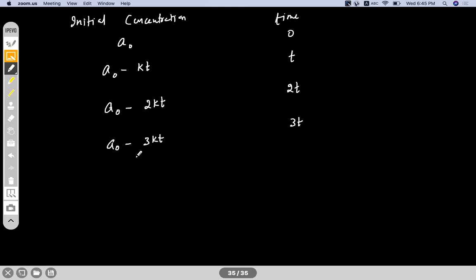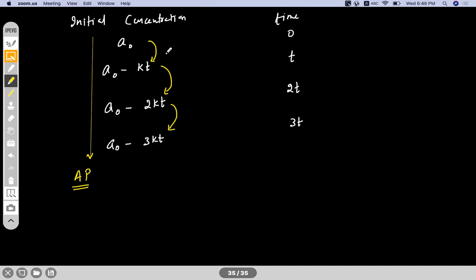What is this pattern? Can you tell me? What is this pattern we have? We have equal interval, right? That is of KT. The pattern is AP, isn't it? Equal time interval, equal amount react.